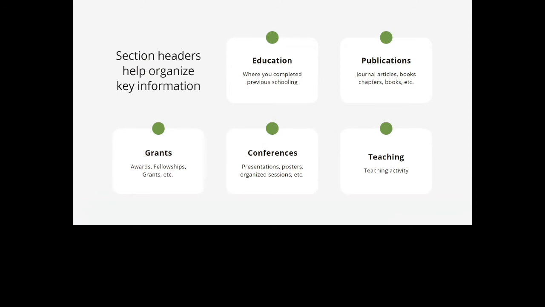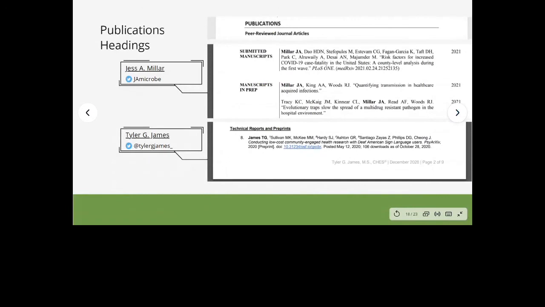And then teaching activity is also a common thing to put on a CV. Now, I do want to reiterate, these are not the only headings, but these are good headings to get you started. So in terms of publications, different fields have different standards.